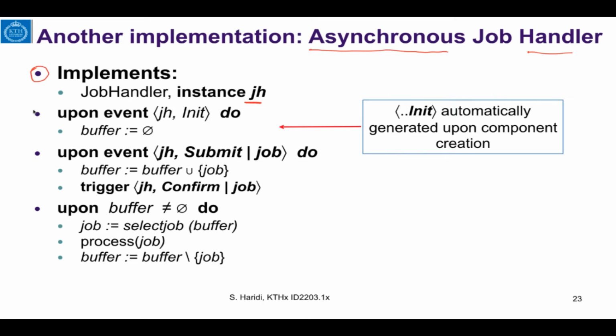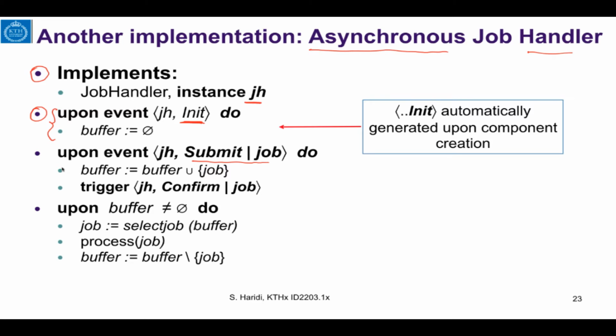And now this component has a state. We will always use the word init to specify an initial event that is generated and executed when the component is created. So init is automatically generated upon component creation, and it is executed before this component can accept any other events.